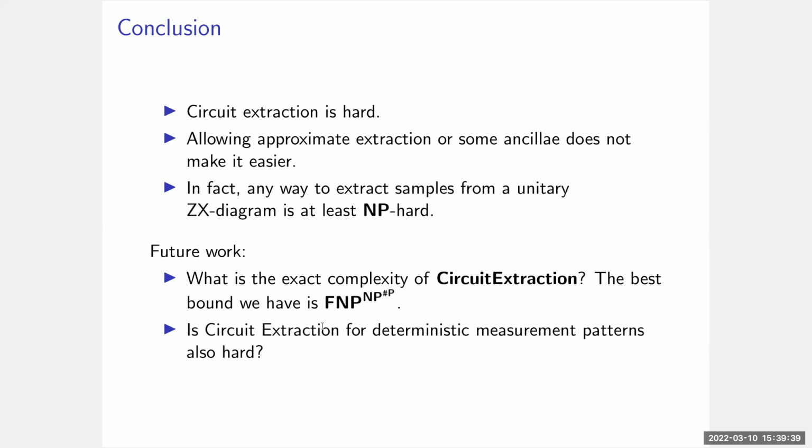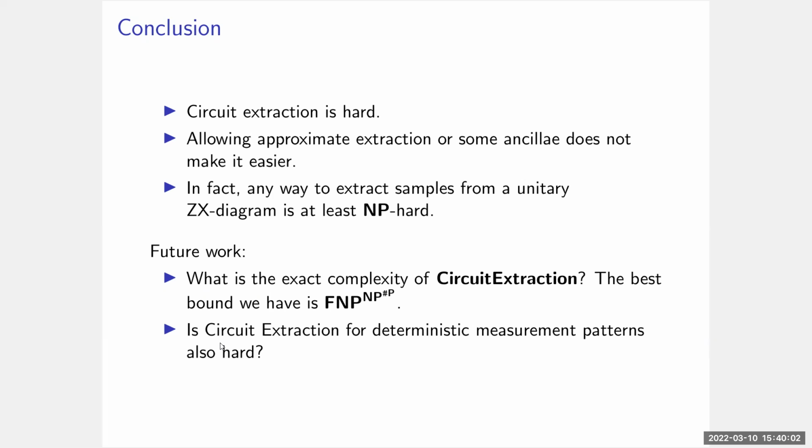And is circuit extraction for deterministic measurement patterns also hard? So if you imagine that you have some measurement pattern which is described by a collection of ZX diagrams that each implement the same unitary, is writing this as a circuit also still hard?